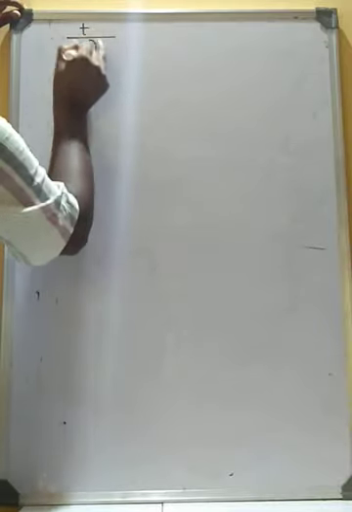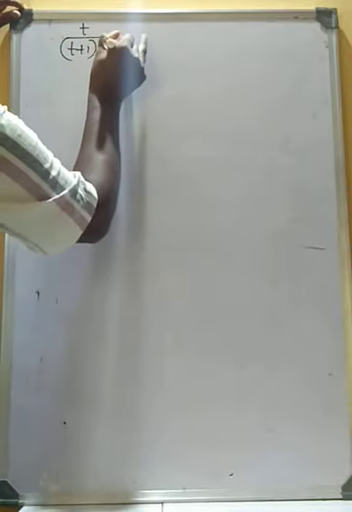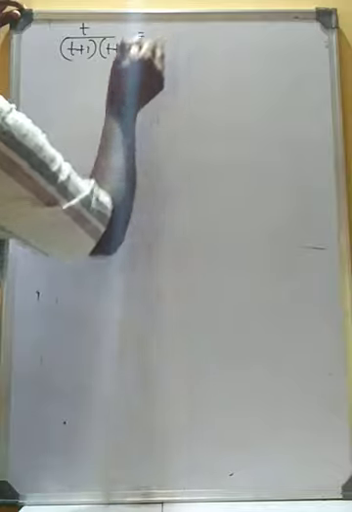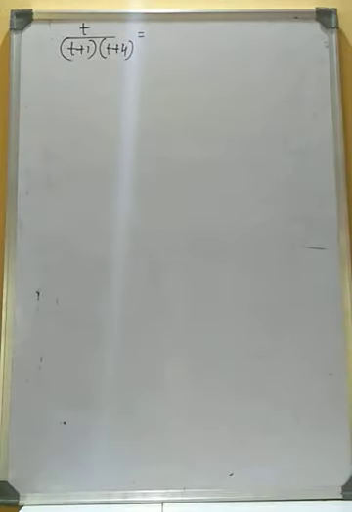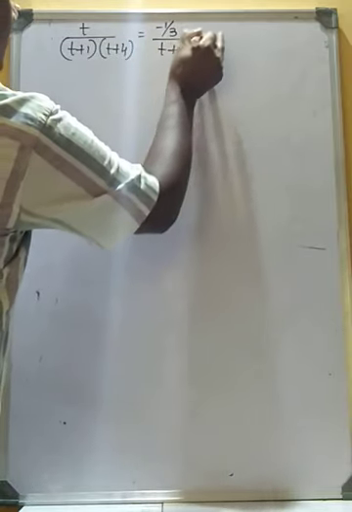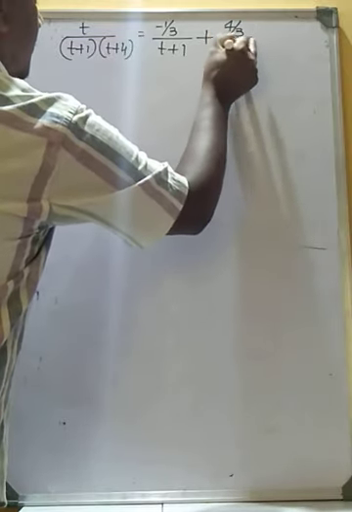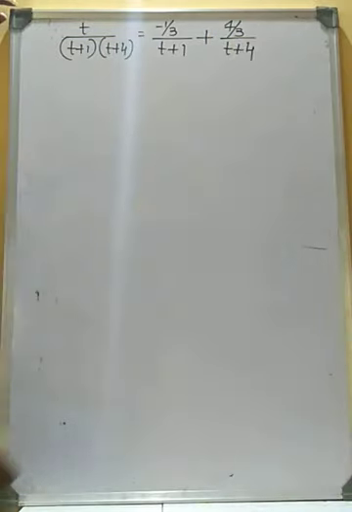So therefore, t dividing by (t plus 1) into (t plus 4) is equal to a is minus 1 divided by 3 dividing by t plus 1 plus b is 4 by 3 dividing by t plus 4.